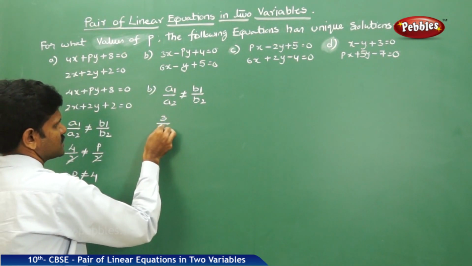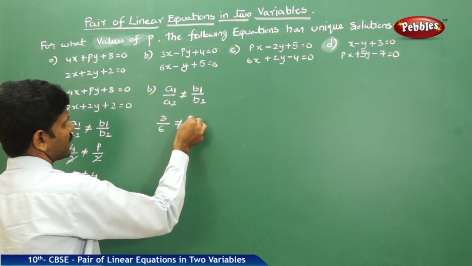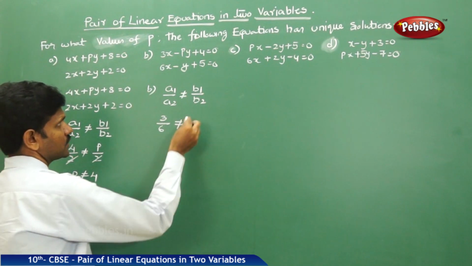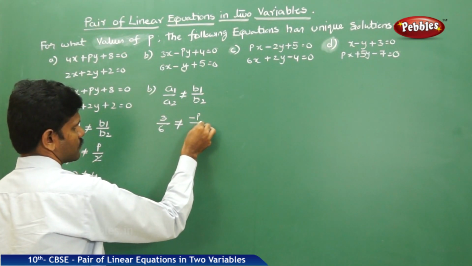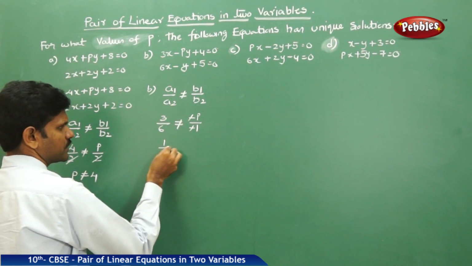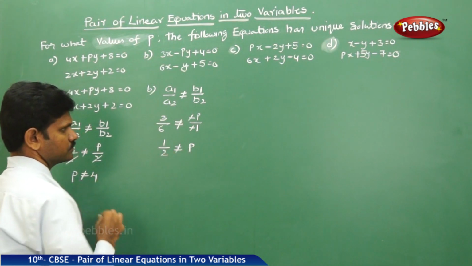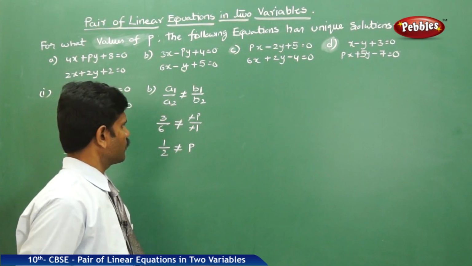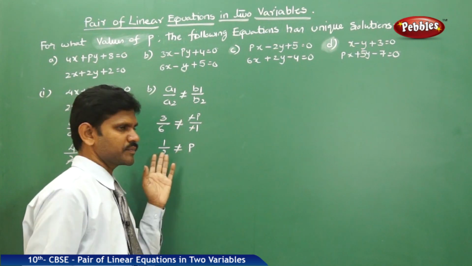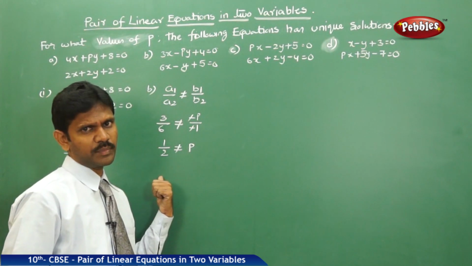Now 3 by 6 is not equal to minus p by minus 1. In both cases the y coefficients have a negative sign, so minus cancels minus. Converting into a simple fraction, 1 by 2 is not equal to p. What does this mean? In place of p, you don't substitute 1 by 2. That means p will take all values except 1 by 2.